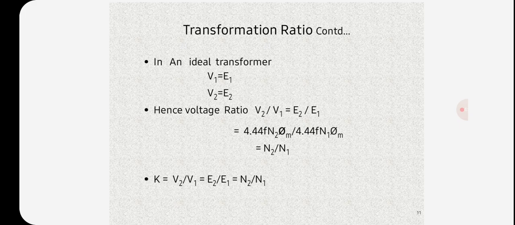In an ideal transformer on no load, the voltage drops in primary and secondary windings are negligible. Hence, V1 is equal to E1 and E2 is equal to V2.